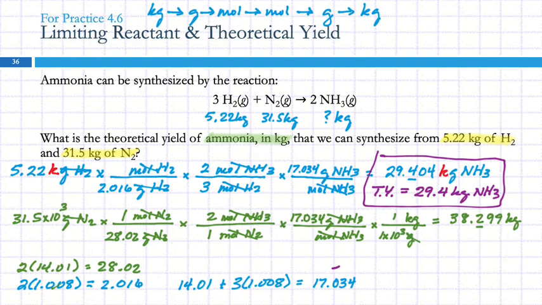Any questions? Yeah. So once we do one part of it, we're just going to do the second part, and it doesn't matter which way we do it? Well, you mean if you wanted to do nitrogen first and then hydrogen? Yeah, or when you're talking about leaving the kilograms in. Oh, yeah, it doesn't matter.